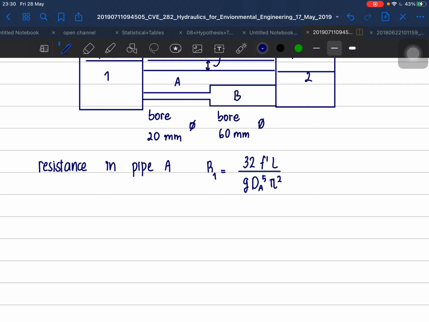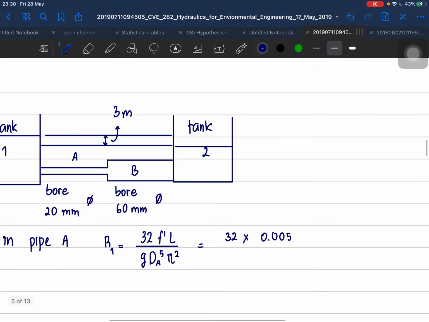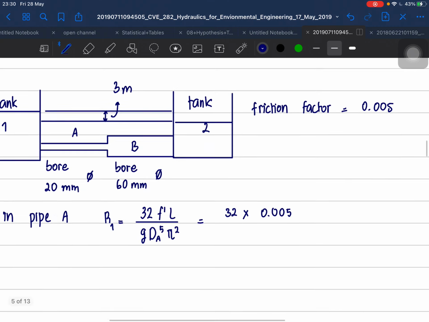And then let's substitute all the numbers. 32 times 0.005. Did I tell you this one? The friction factor equals 0.005, two zeros.